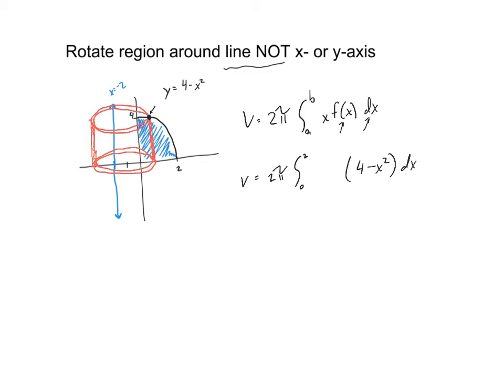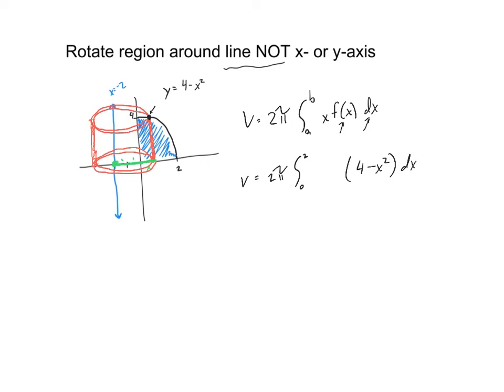What's changed, though, is the radius of that piece, that slice, that rectangle. Previously, green dot here, to the y-axis that we revolved around, that was x. Now it's green dot all the way over to the blue line. So I have increased the radius of my shell by 1, 2, right?